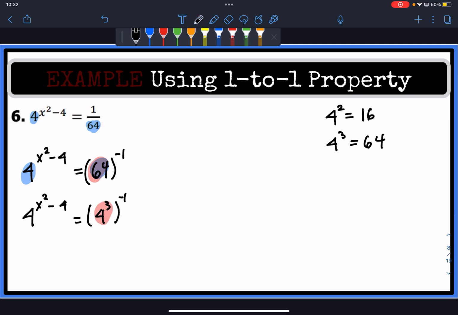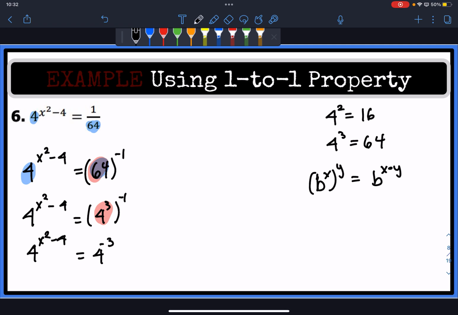Now I'm going to apply another exponential property here and review again this property, that if I have a base and I raise it to a power and then raise it to another power, I can simplify this by multiplying those exponents together. And that's exactly what I'm going to do here. So 4 to the x squared minus 4 equals 4 to the negative 3 power.